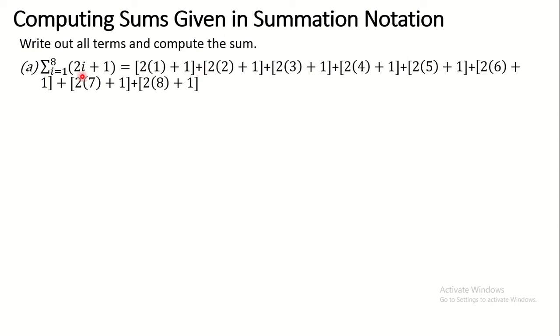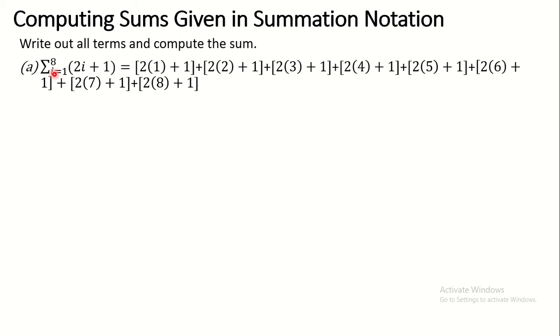Plus, if we have i is equal to 2, we have 2 times 2 plus 1. If we plug in i is equal to 3, we have 2 times 3 plus 1. And then if i is equal to 4, we have 2 times 4 plus 1.